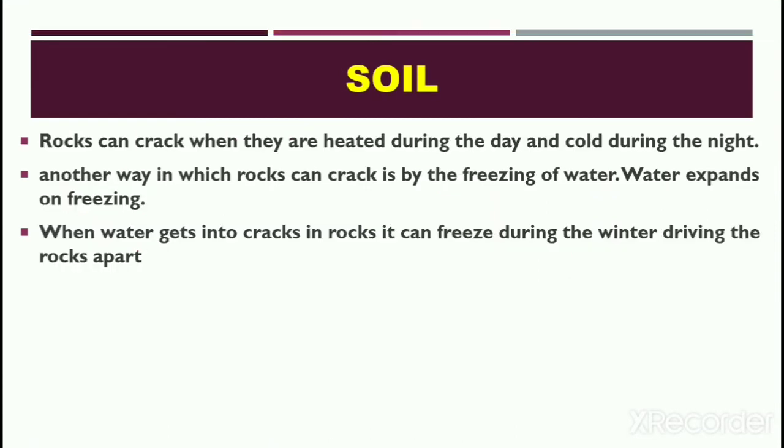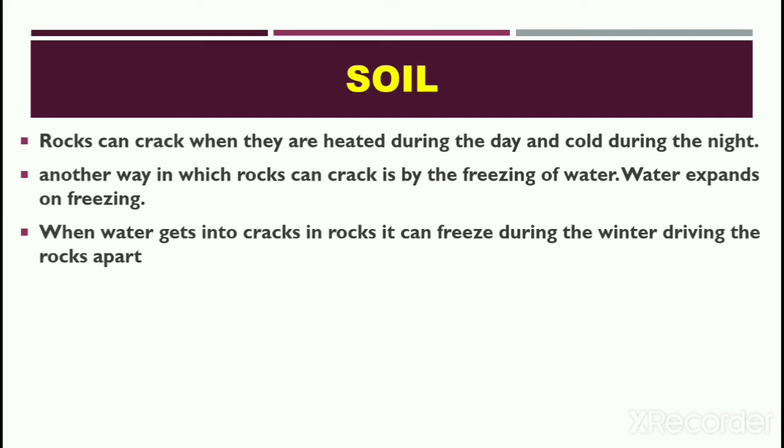Here I have written some points about how rocks crack and how the water present inside the crack breaks them on freezing. Rocks can crack when they are heated during the day and cold during the night. Another way in which rocks can crack is by the freezing of water. Water expands on freezing.